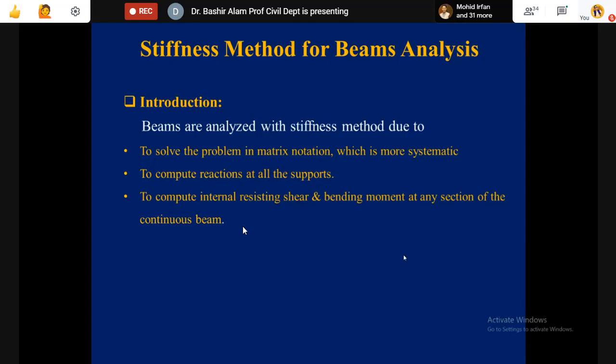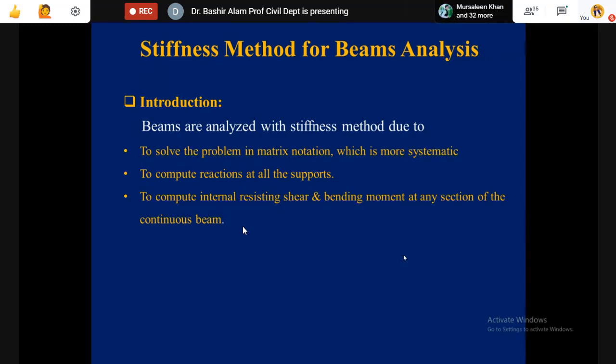Now, why are beams analyzed with the help of this stiffness method? One reason is that those simultaneous equations can be written in matrix notation. When matrices are formed, very easily you can solve them with the available computers. And it is a very systematic process.